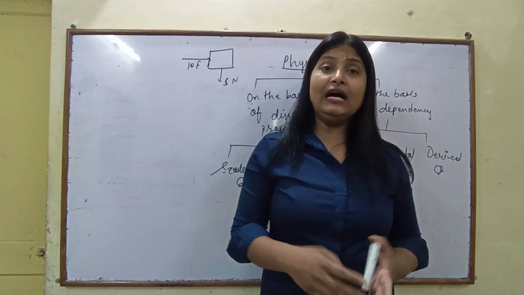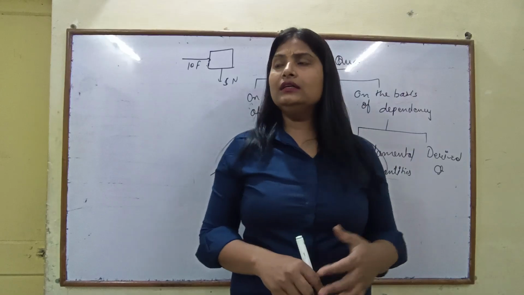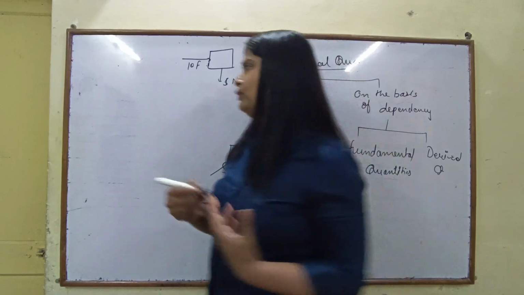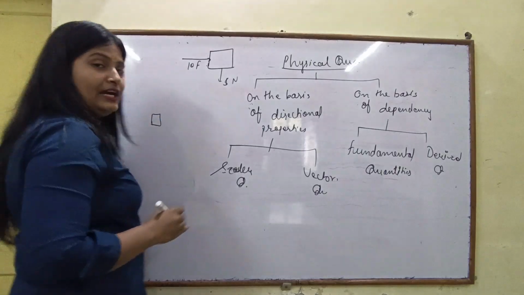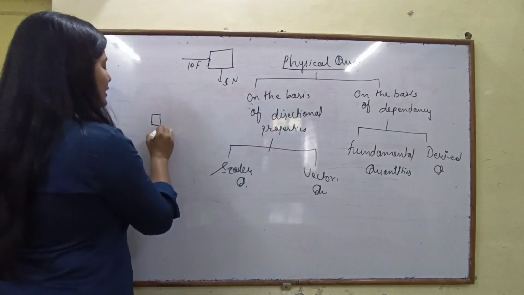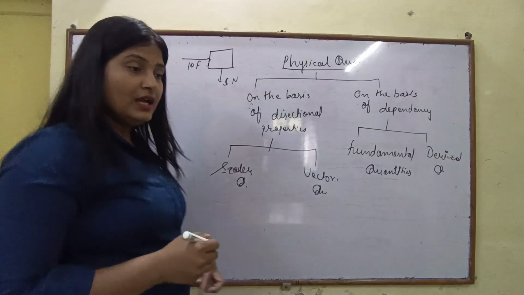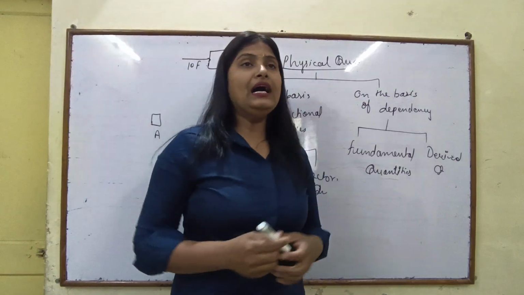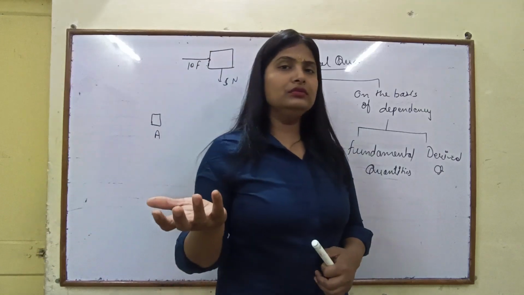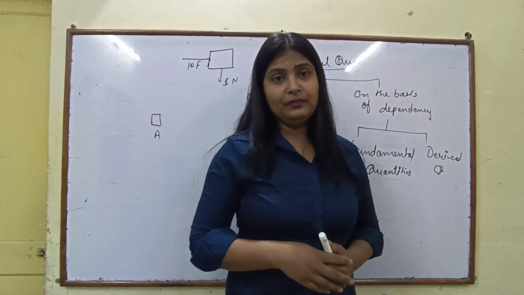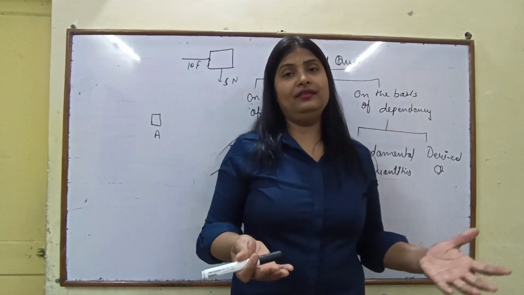Similarly, if we take another example like displacement, any body or any car which starts moving from an initial point A. If we say this body is going 5 kilometer, but 5 kilometer where?